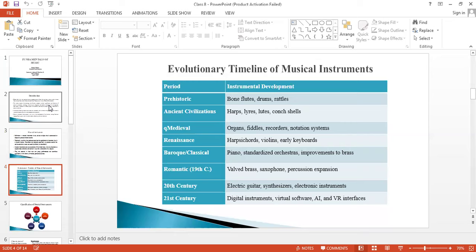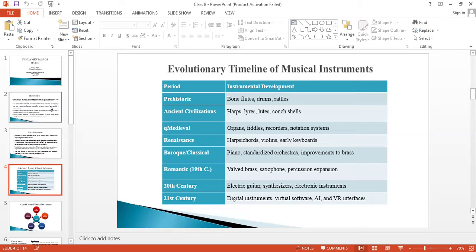For the medieval period, we have organs, fiddles, recorders, and notation systems. Moving to the 20th century, we have the electric guitar coming in, the synthesizers, and electronic instruments. And for the 21st century, we have digital instruments, virtual software, AI, and VR interfaces working in place of musical instruments.